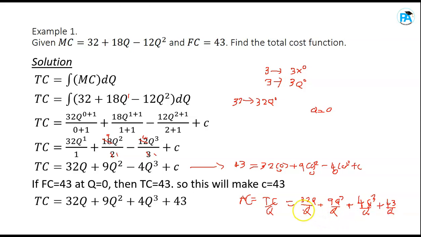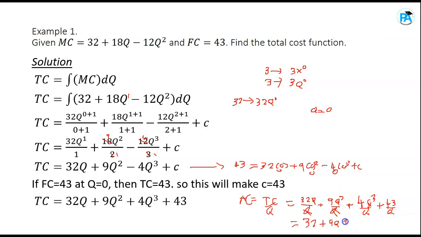When you do that, this q takes away this q, and you have q squared here. Q squared means q times q, so one of the q's in the numerator is taken away. So you'll be left with 32 plus 9q, because the denominator q has taken away one of the q's.